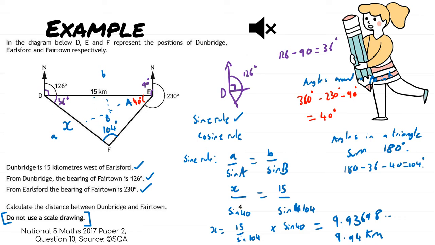And if you know what you're doing with a protractor and a ruler, you could just quickly work this out by drawing this picture yourself and then just using a ruler to measure this distance here, which, to be honest, would be a perfectly valid way of doing this and potentially would be easier depending on how you are with your trigonometry. They've just included this sentence just to make it clear that what they want to do is assess your knowledge of trigonometry. So that's just a bit of a catch-all just to make sure that you don't just get that compass out, get that protractor out. Sorry. Okay.